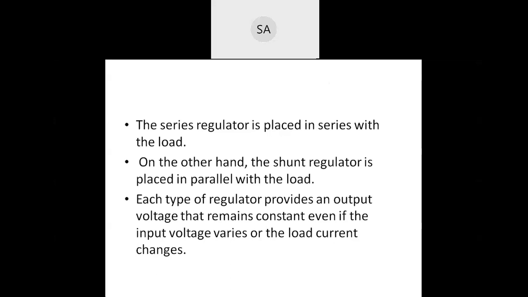Later we will discuss the series type and shunt type voltage regulators, and I will explain the circuit diagrams in the next lectures.